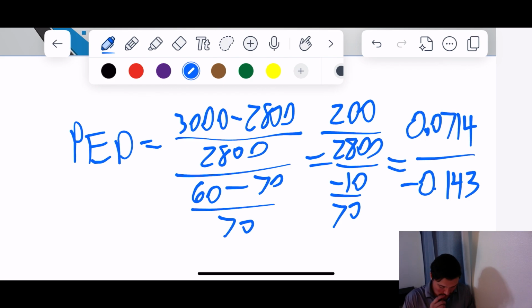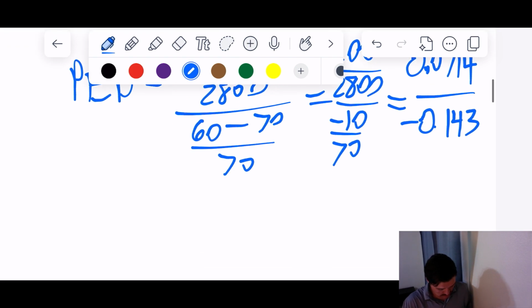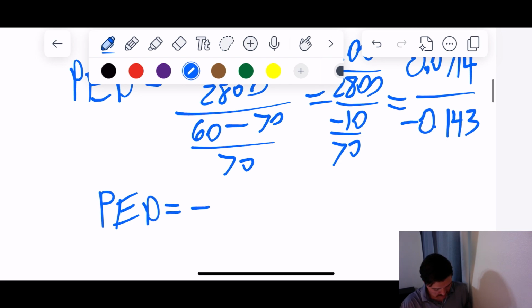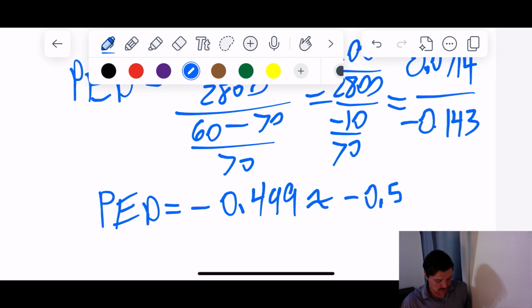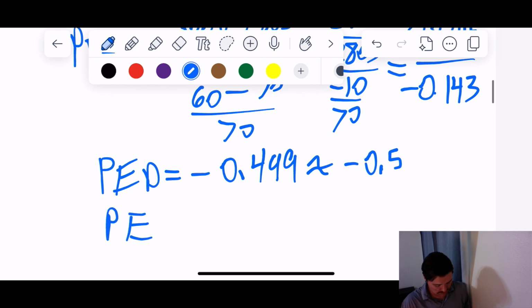Now, from here, we'll take 0.0714 and divide it by 0.143, and you should get PED equal to negative 0.499, which is approximately negative 0.5. And as I mentioned earlier, we will take the absolute value, and that'll make it 0.5.